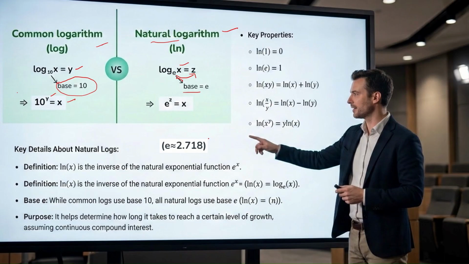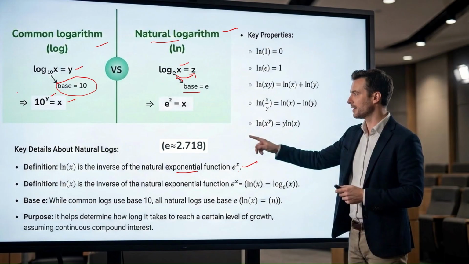Now here e is a constant. The value of e is 2.718. Then some common properties of the natural logarithm. Log x base e, symbolically ln x, is the inverse of the natural exponential e power x.